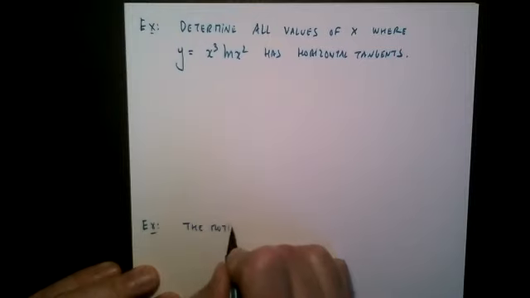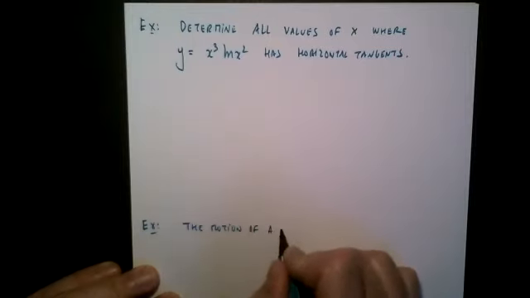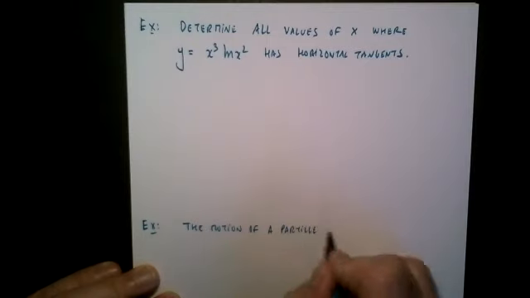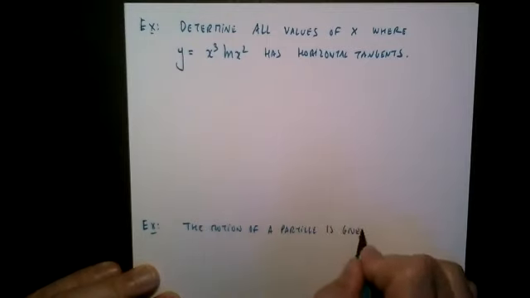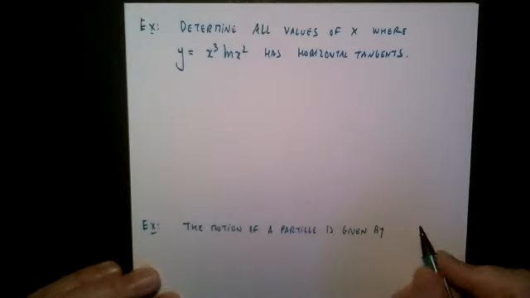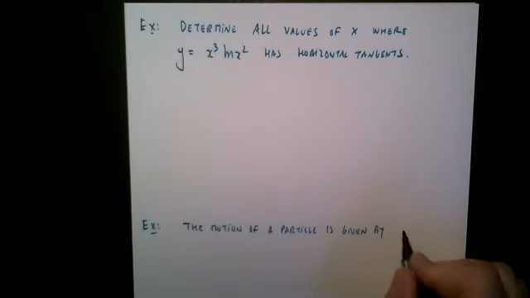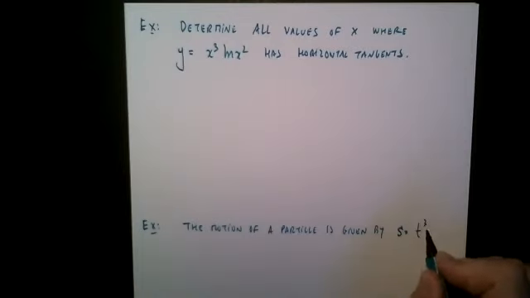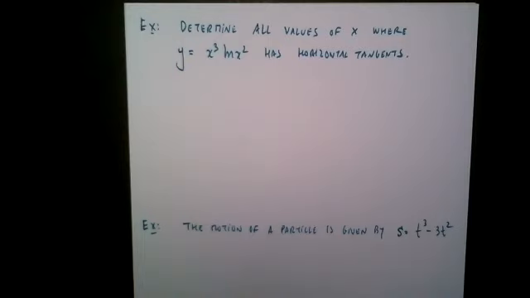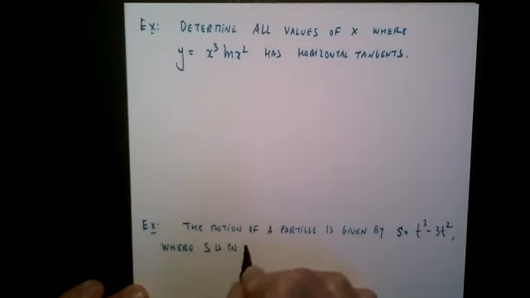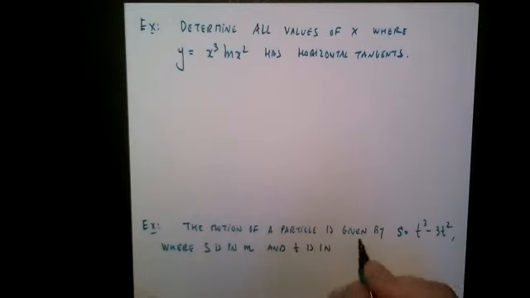The motion of a particle is given by s equals t^3 minus 3t^2, where s is in meters and t is in seconds.